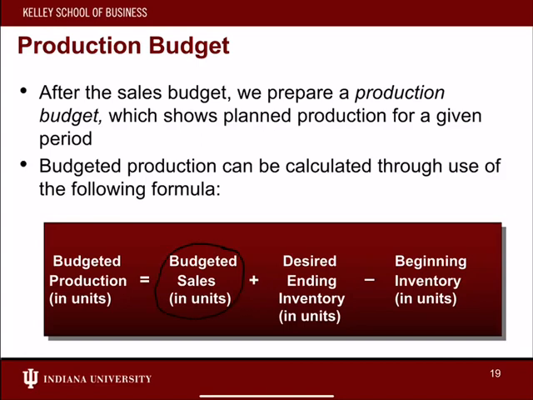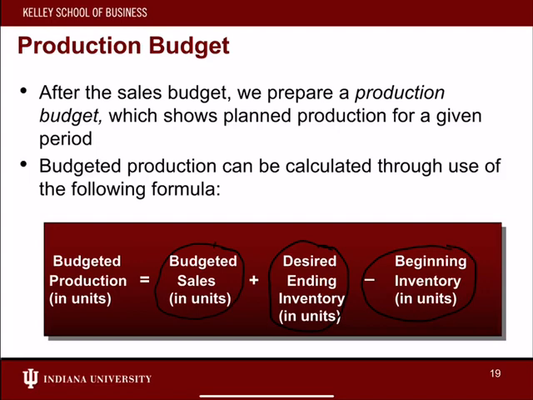How many sales you're going to make this year will influence how many units you need to produce, plus your ending inventory. So if we want to sell 1,000,000 goods and we want to have 100,000 goods on hand, well, we know we're going to have to produce more than the million we're going to sell. But then we're also going to have to incorporate the beginning inventory balance.